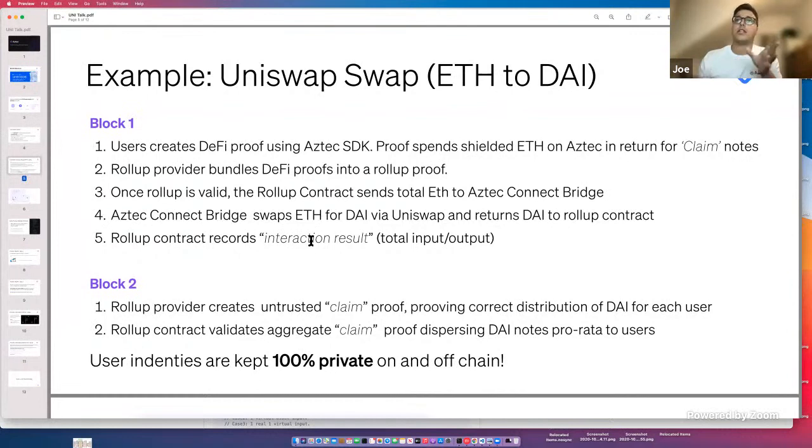And if you look at Etherscan, you just see the aggregate transaction. So you see the Aztec rollup contract trading with Uniswap directly and receiving DAI back. And this creates a very powerful privacy set for private transactions and brings very strong privacy guarantees to DeFi.